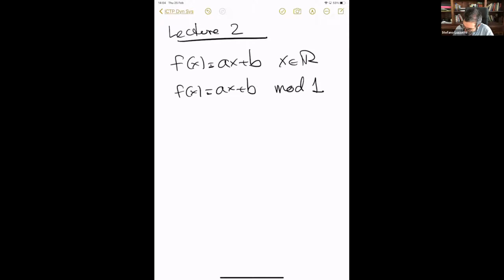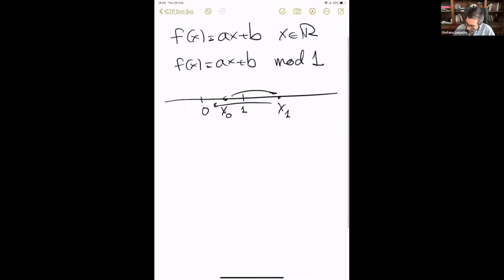When you take 0, 1, this means that all our numbers are between 0 and 1 because they're the non-integer part, right? So if you apply the map, if you take a number between 0 and 1, x0, and if x1 lands outside, then you translate it back to the non-integer part of x1.